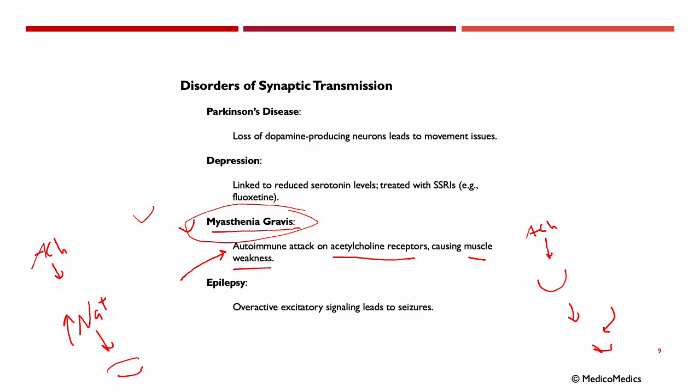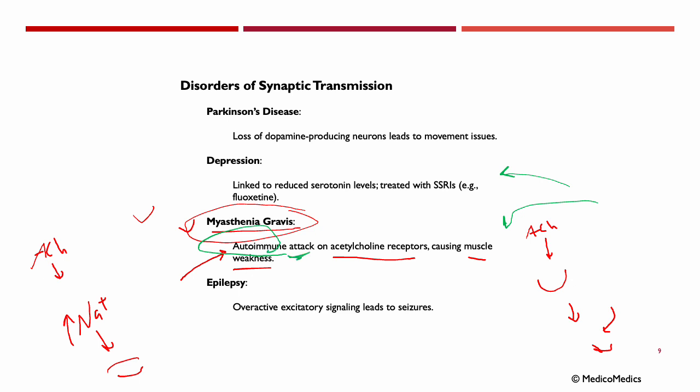And what we do here, similarly to how we approach other problems, is that we give something called acetylcholinesterase inhibitors, like pyridostigmine. I think that's how it's pronounced. We also treat it with immune suppressants and corticosteroids, but that's related to depressing our immune system, so we decrease this attack.